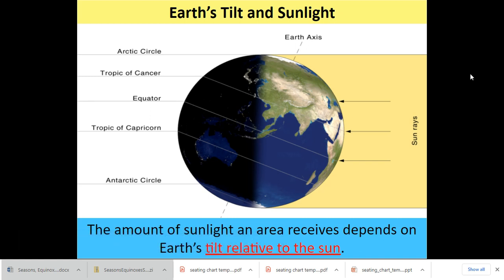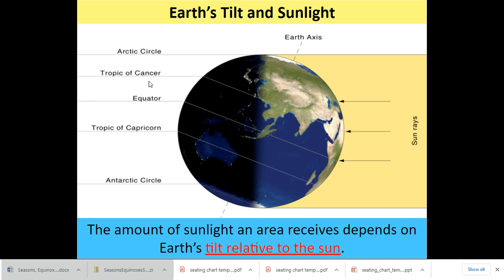Guys, I want you to take in this picture and really try to understand Earth's tilt and how day and night occur, and at the same time, understand the seasons. Earth's tilt and sunlight: the amount of sunlight an area receives depends on the Earth's tilt relative to the sun. Looking at this image, the northern hemisphere is all of the land above the equator.